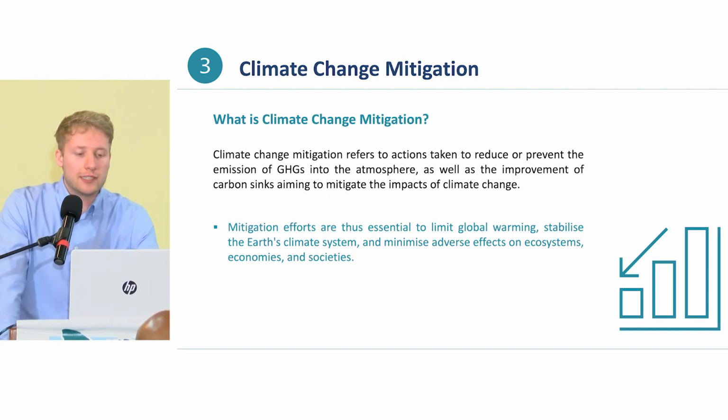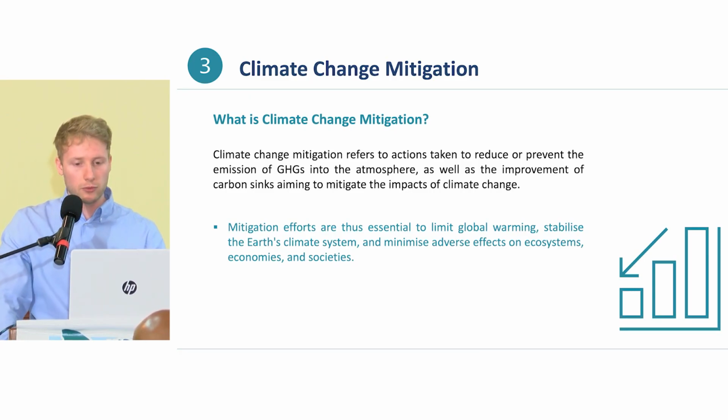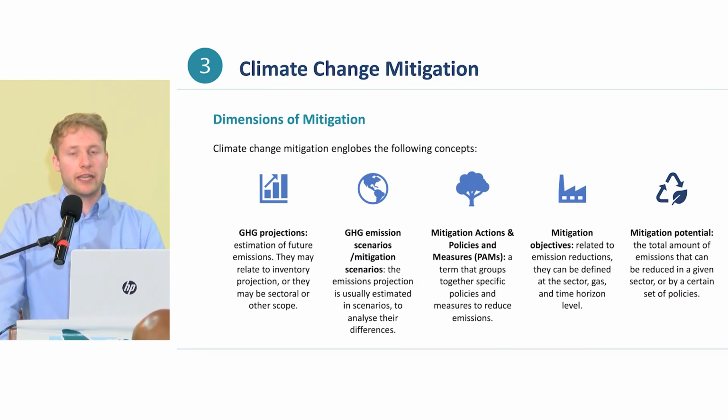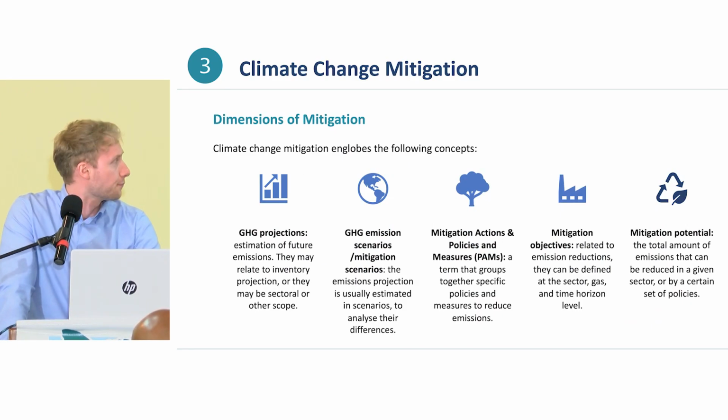So mitigation efforts are essential to stabilize concentrations in the atmosphere, limit global warming, and thus achieve the Paris Agreement, which was instated for that reason in the first place. Mitigation has a range of dimensions, if you want to call it that.